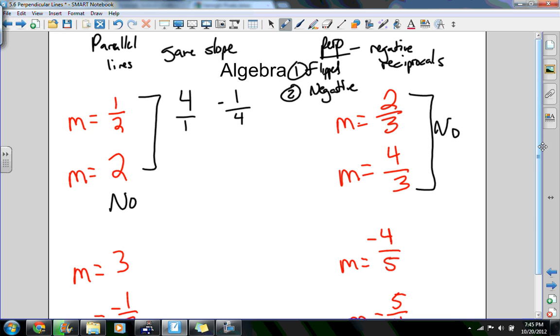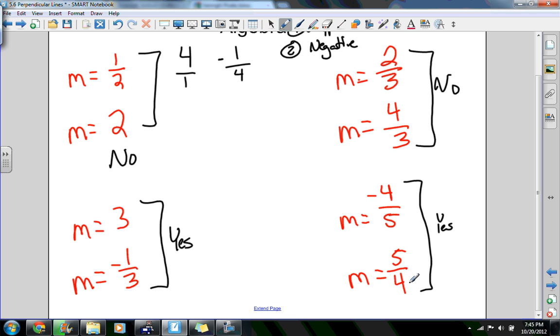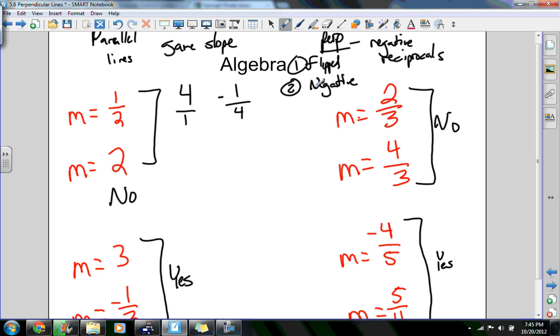So we go down to the bottom. These are yes. They are flipped, and one is negative, one is positive. And over here, these are also yes, because they are flipped and negative of each other. The two things you need to know: they're flipped and they're negative if lines are perpendicular.